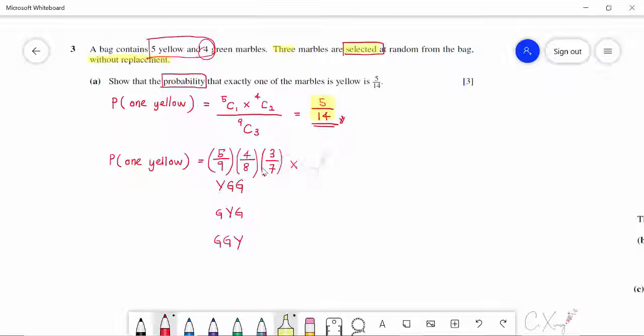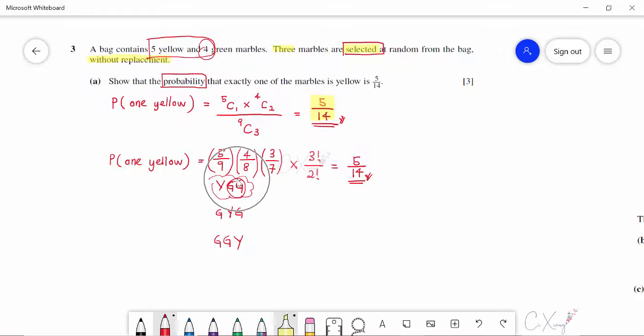So for permutation, you look at the general case here. You have 3 items here, 3 factorial, but 2 of them are G and G, meaning repeated, identical items. So you have to divide it by 2 factorial. So in the end, of course, you will still have 5/14 as the final answer. So this is the alternative way.